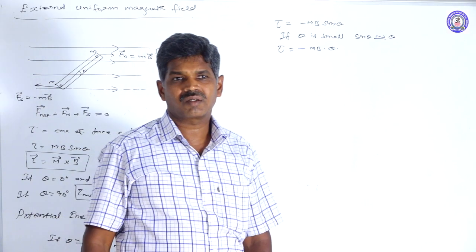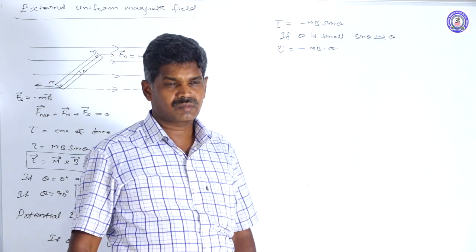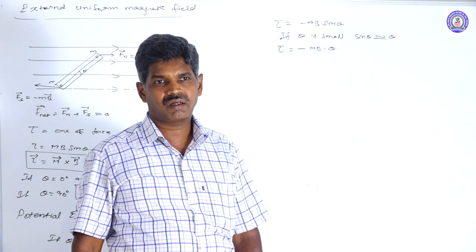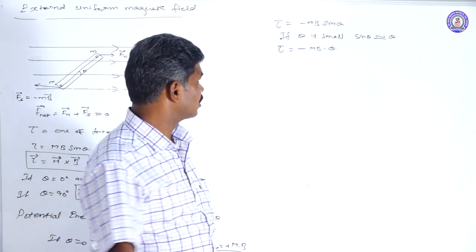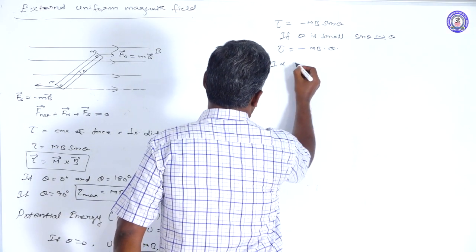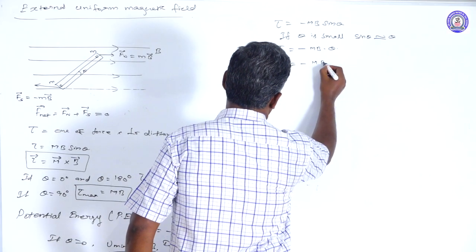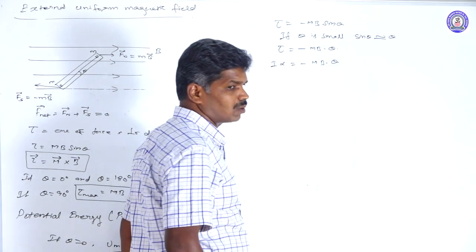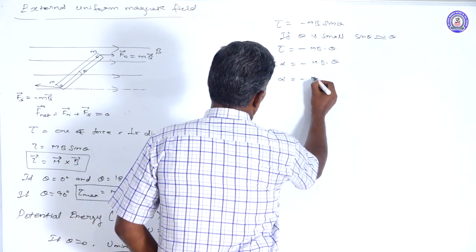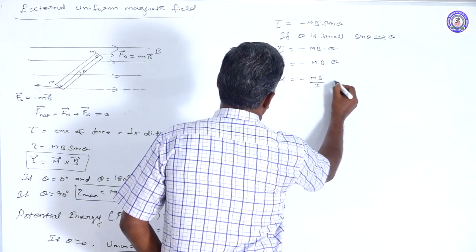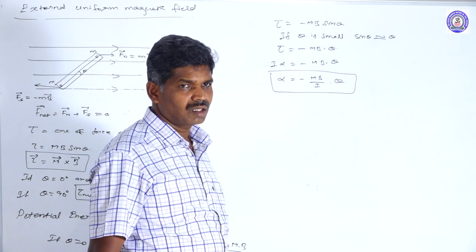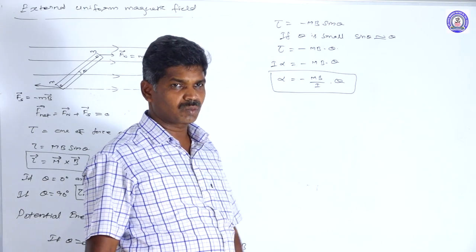Then based on rigid body rotation, torque can be related with the moment of inertia and the angular acceleration. So instead of tau, I alpha is equal to minus mB theta. So the angular acceleration, alpha equal to minus mB by I into theta, is the formula for angular simple harmonic motion.